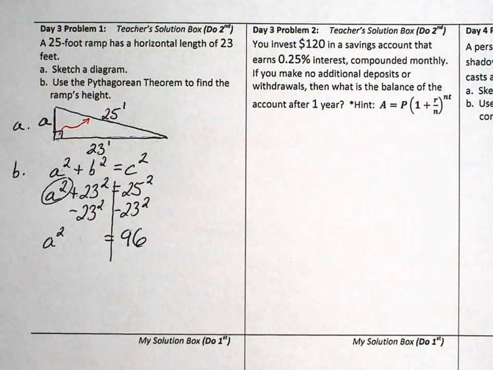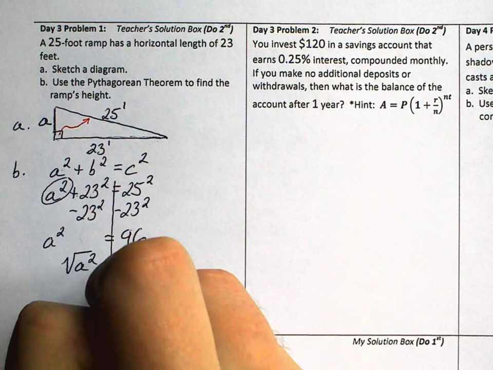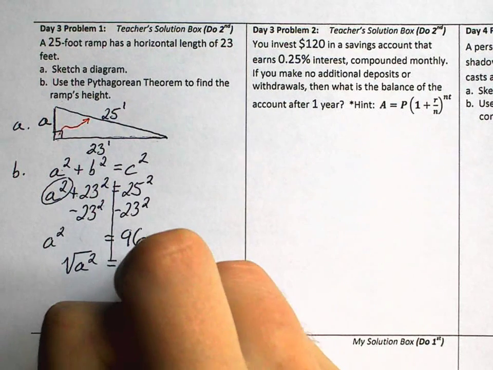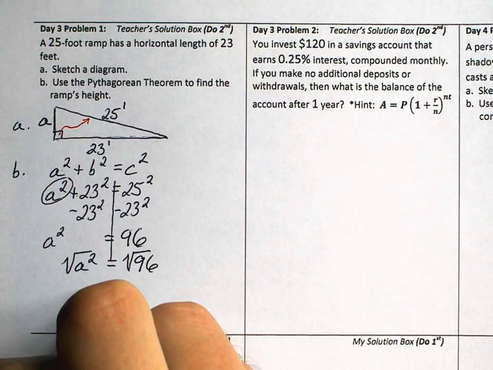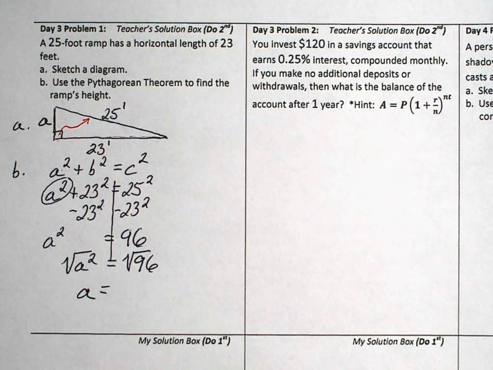So A to the second power is 96, but what's the answer for A? Let's do a square root. The square root of A squared is A, and now the square root of 96. The square root of 100 would be 10, so the square root of 96 is going to be less than 10, probably 9 point something.